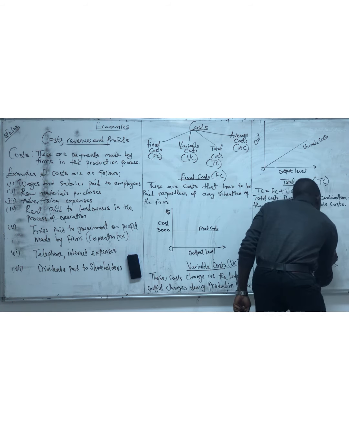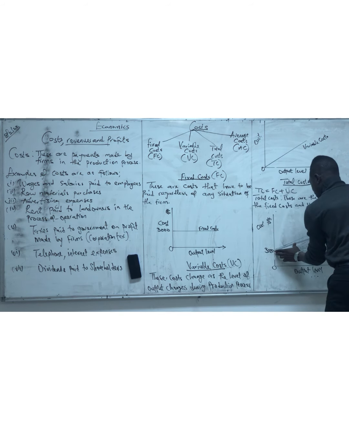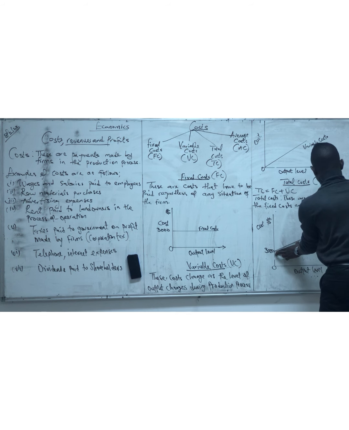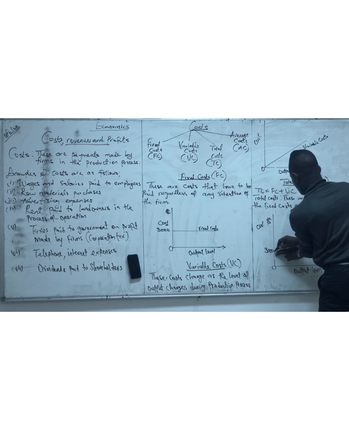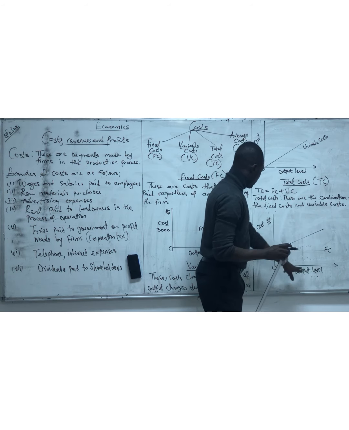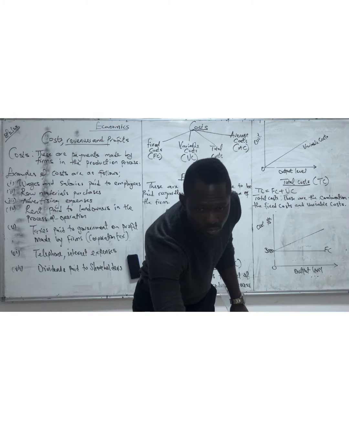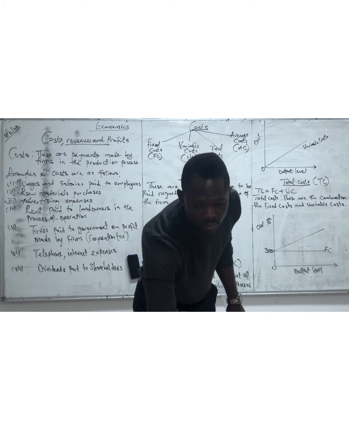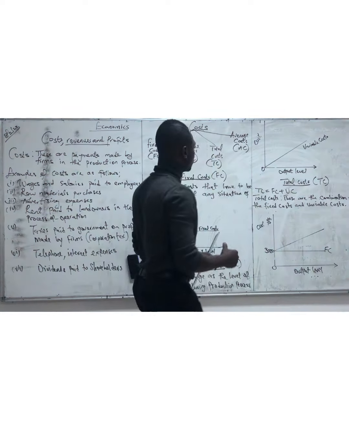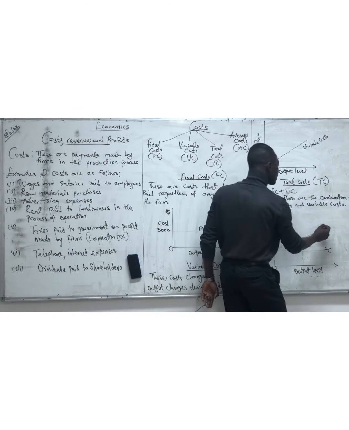So if this is our FC, then our VC, so this is our total cost. Are you with me? So this is our TC.